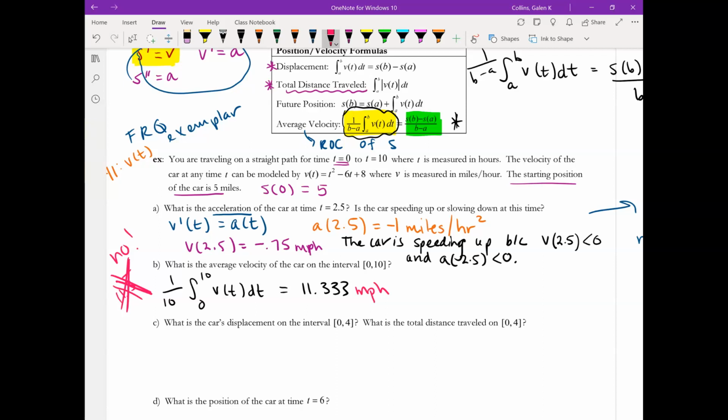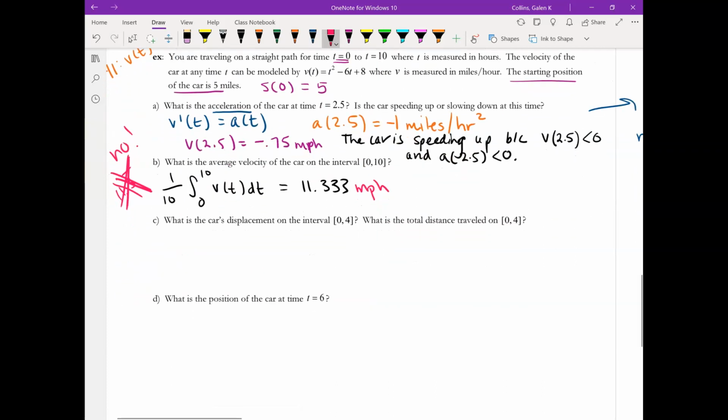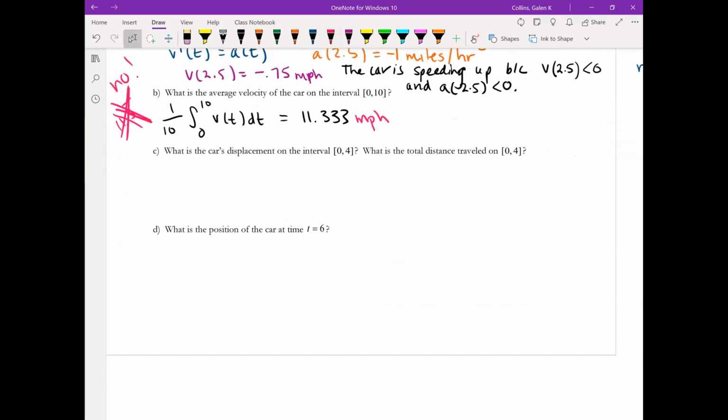Part C, we are asked to find both the car's displacement and the total distance traveled. So displacement is going to be from 0 to 4, the integral of velocity.